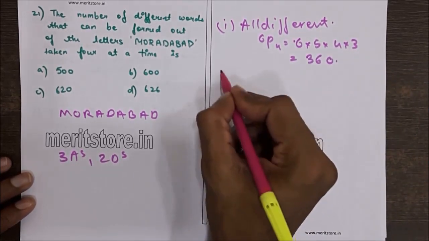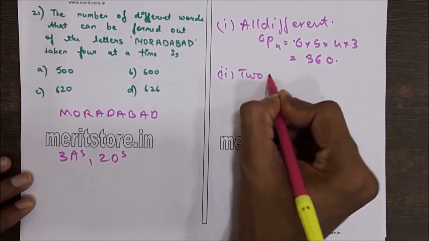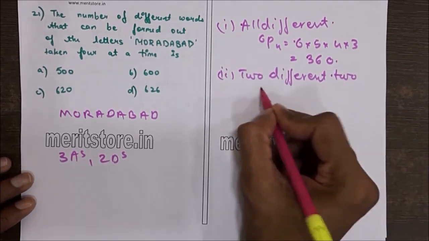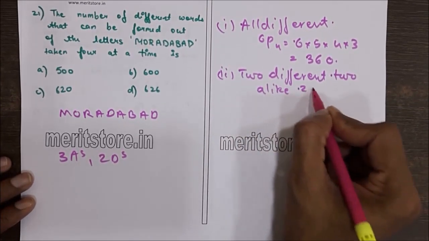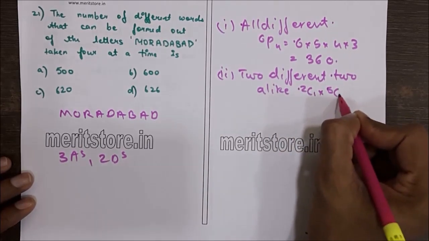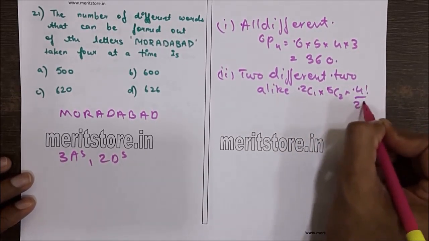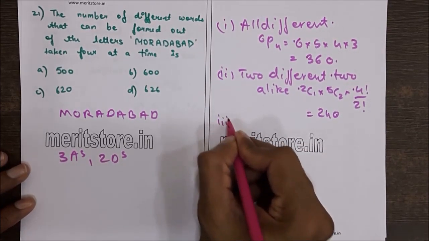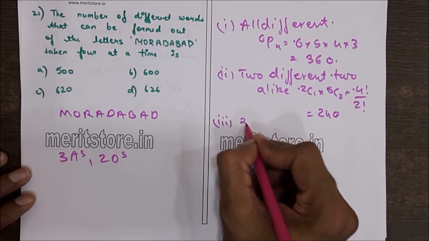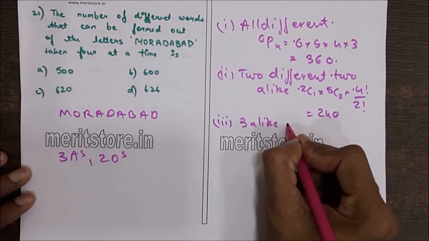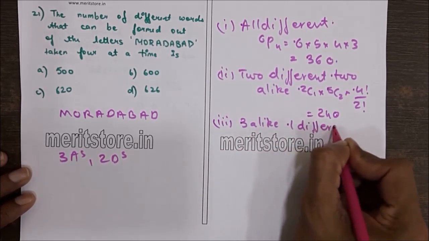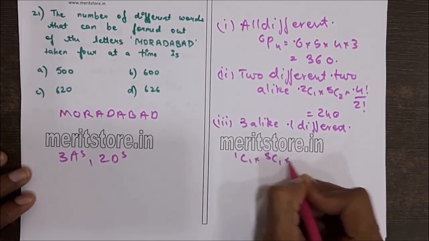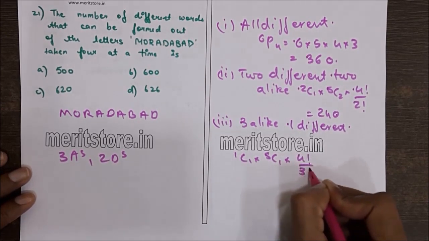Second, 2 alike and 2 different: 2C1 into 5C2 into 4 factorial upon 2 factorial, which is equal to 240. Third, 3 alike and 1 different, which can be 1C1 into 5C1 into 4 factorial upon 3 factorial, which is equal to 20.